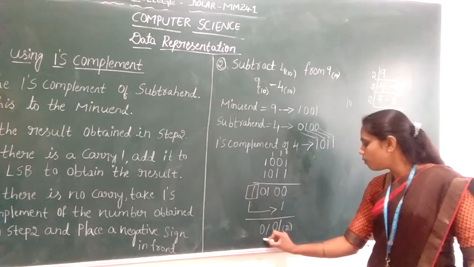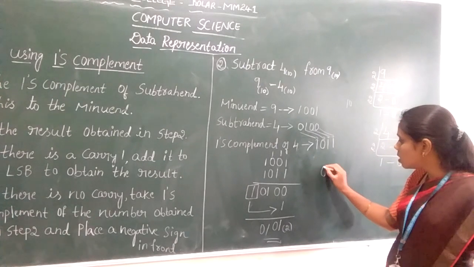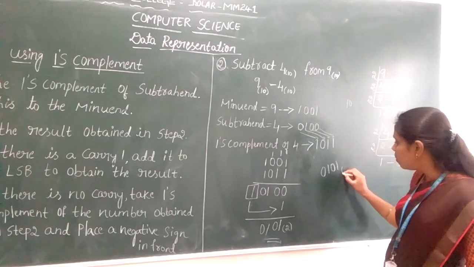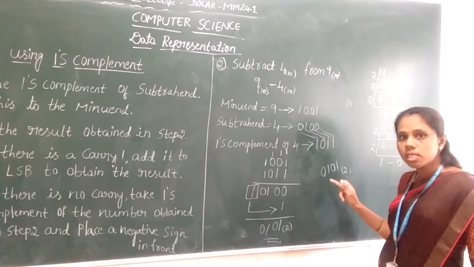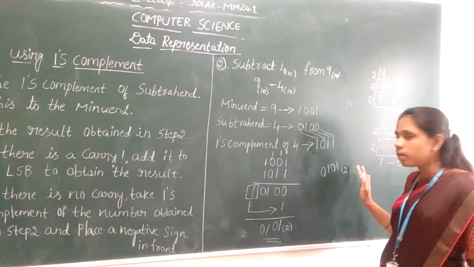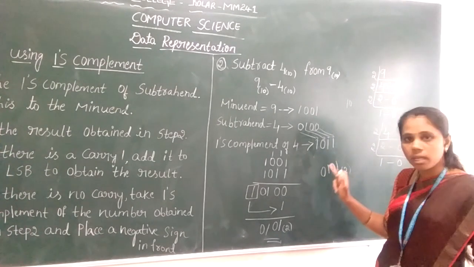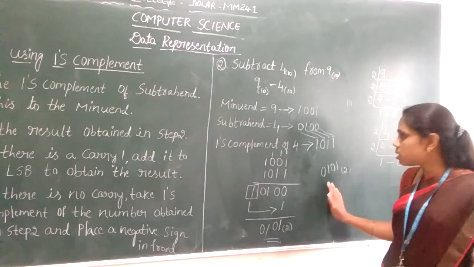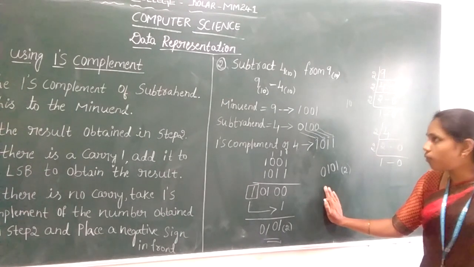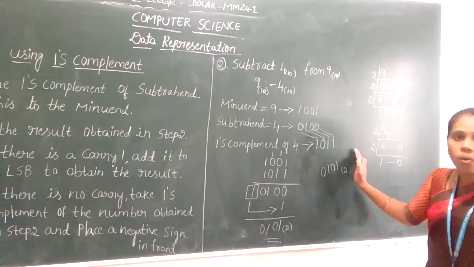So this is the final result, 0101 base 2. You must write the base while writing any number system. So this is the final result for this subtraction using ones complement.